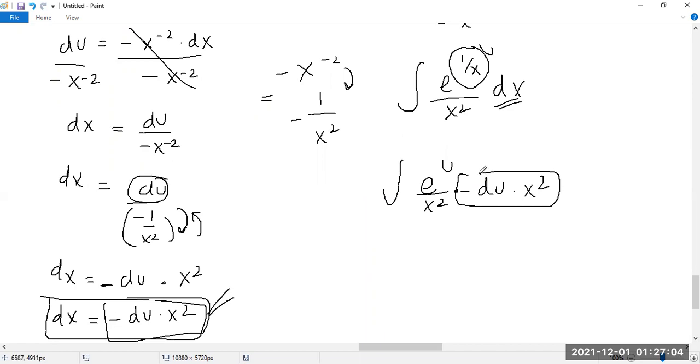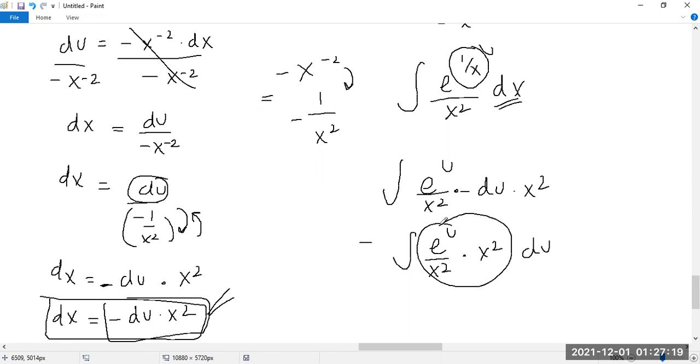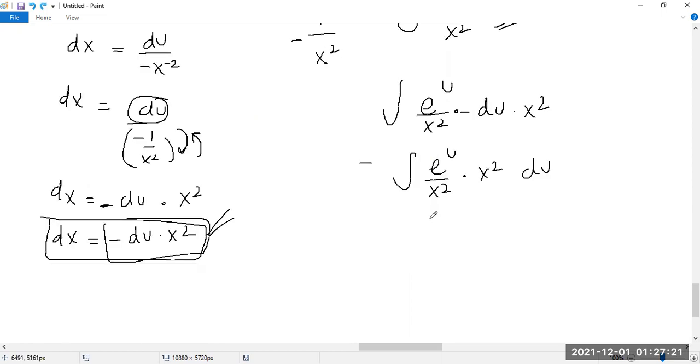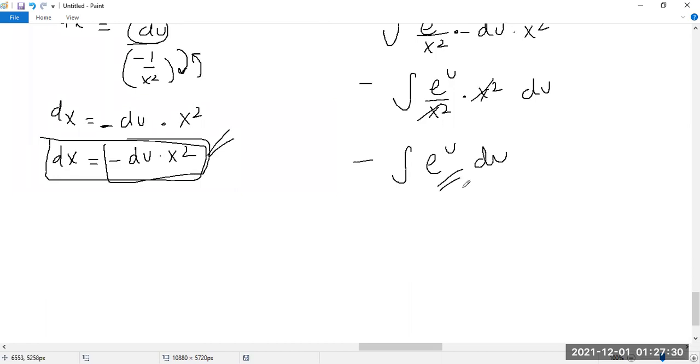This is the component that we replaced it with. So this is negative e to the u times x squared du, just reforming this so it matches what we regularly see in terms of the format for integrals. These x squareds cancel out. We're just left with doing e to the u. And the integral of e to the x is e to the x, just like e to the u is e to the u. So this is just negative e to the u.